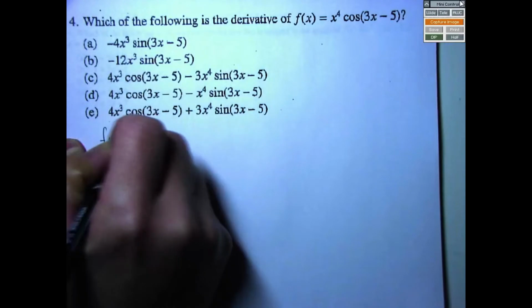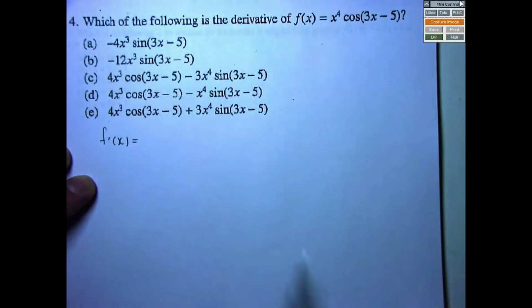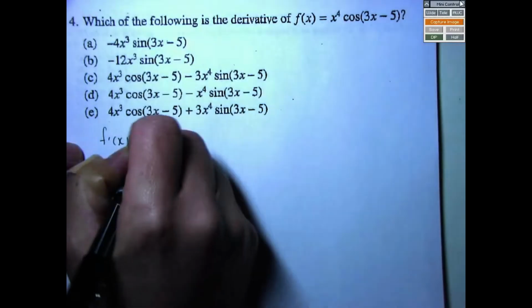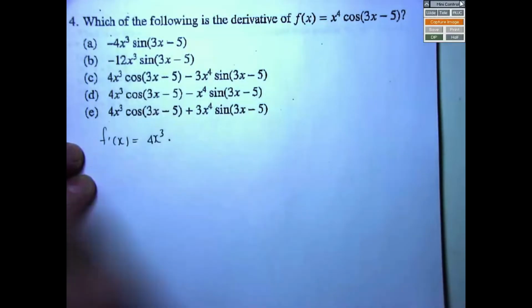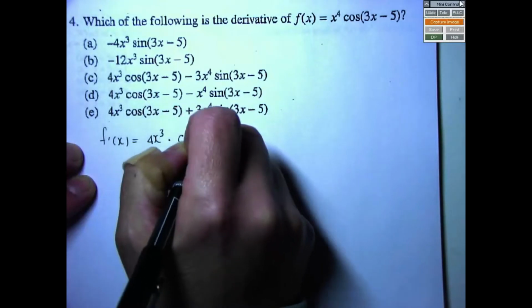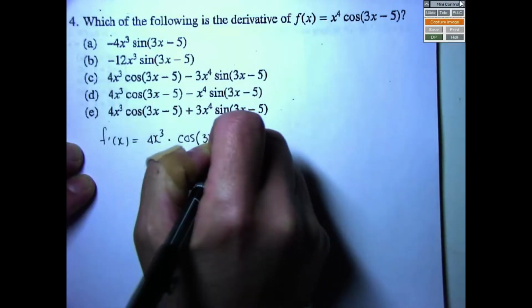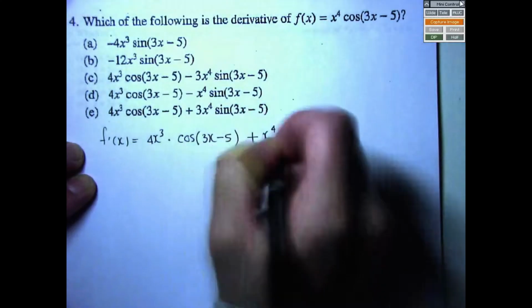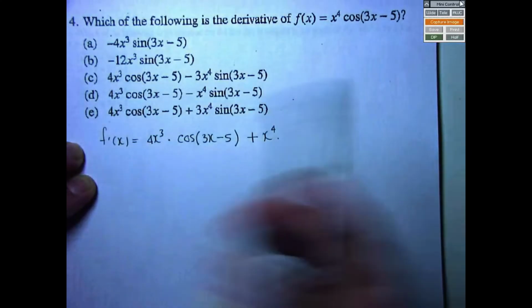So f prime of x will be equal to, according to the product rule, derivative of the first, derivative of x to the power 4, is 4x cubed times the second, leave the second alone, cosine of 3x minus 5, plus the first, x to the power 4, times derivative of the second.